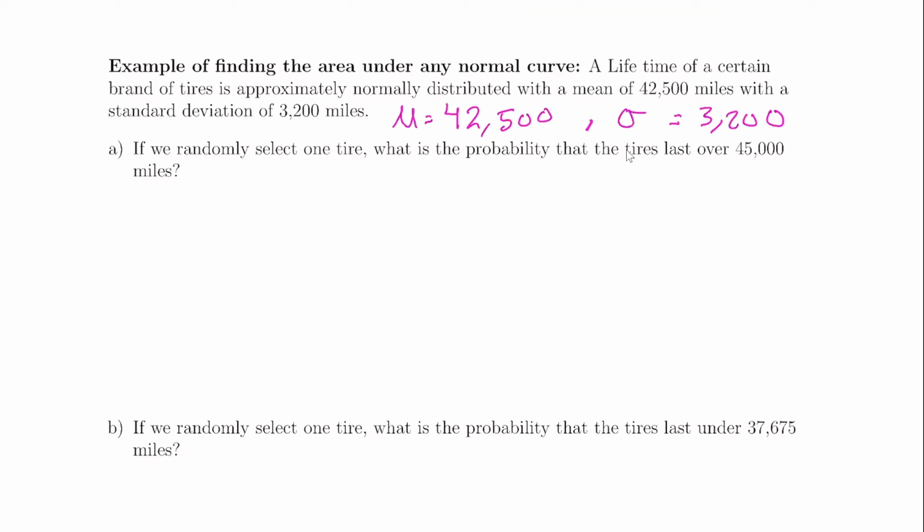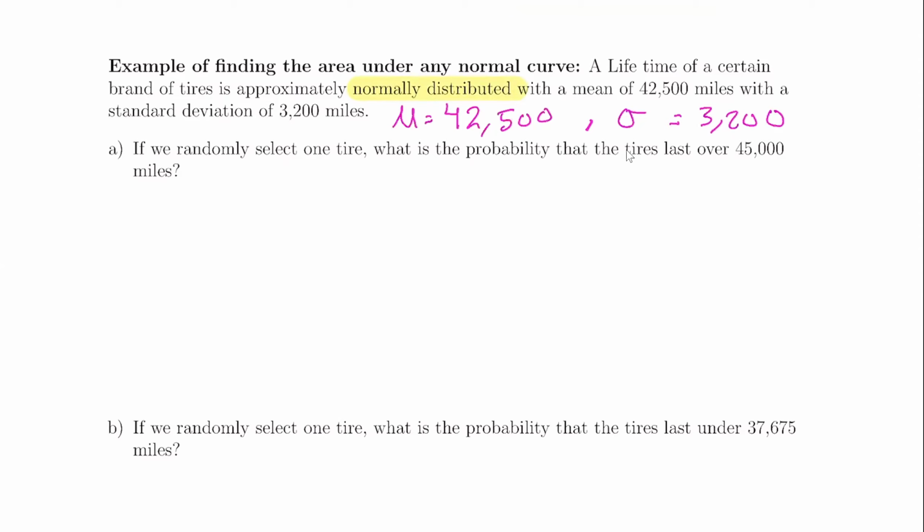All right. They give me those two pieces of information, but more importantly, the most important thing they tell us is that it is normally distributed. Because if we don't know we have a normal distribution, you can't really find the probability.